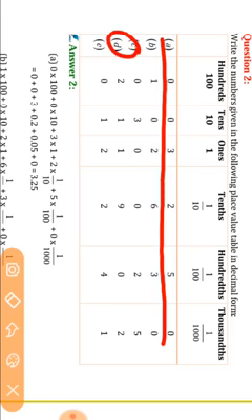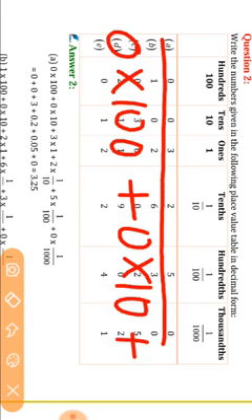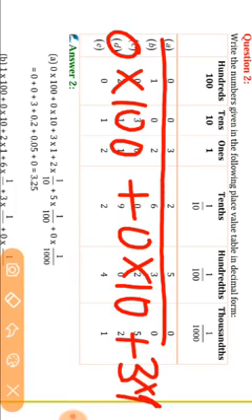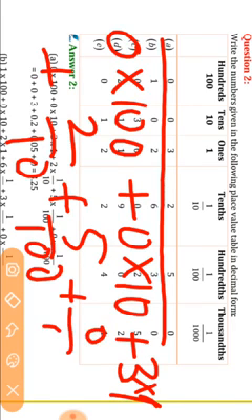So 0 hundreds place means 100 plus 0 into tens place. And 3 into ones place means into 1. You know that. 1 plus, and 2 is in tens place means 2 by 10. So 5 is in hundredths place means 5 by 100 plus 0 is in thousandths place, 0 by 1000.